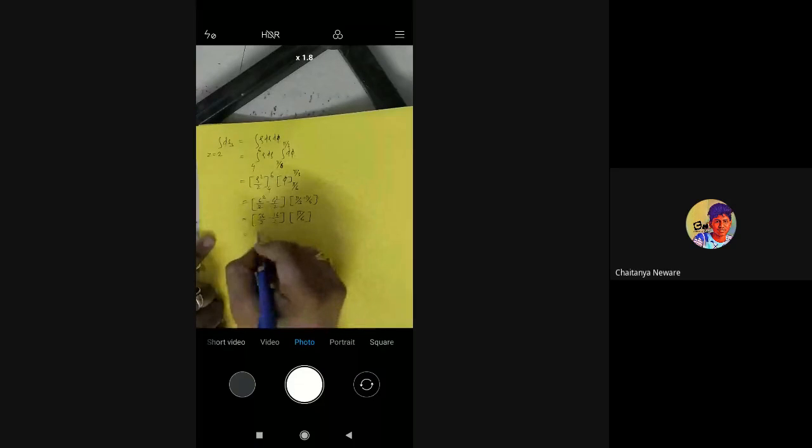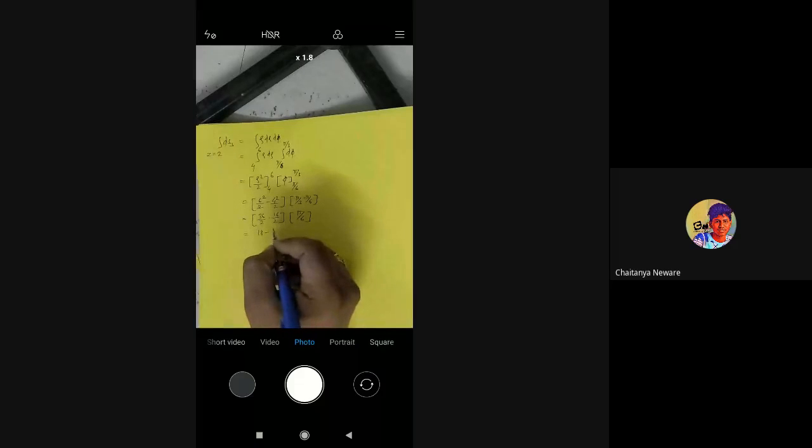So here 18 and here 8, into pi by 6. So here 10 into pi by 6. So 10 into pi by 6 means here 3 and here 5. So 5 pi by 3.